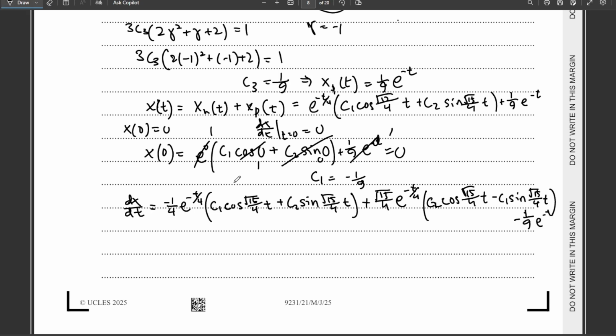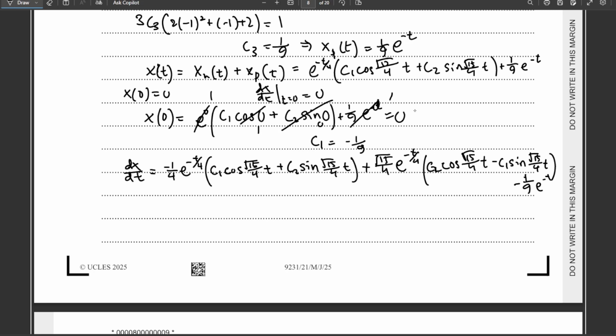Okay, after that humongous differentiation, you should be able to get this expression, but fear not, we just have to substitute 0 everywhere and equate it to 0.